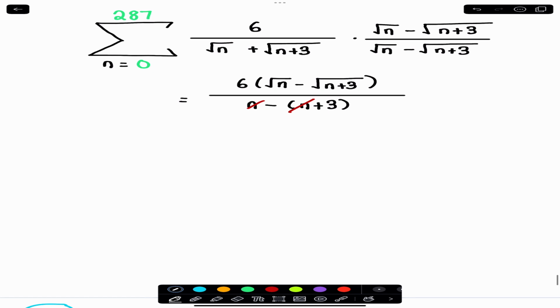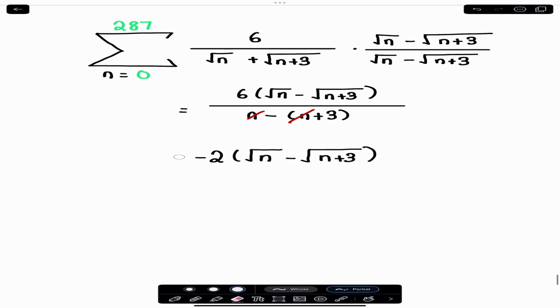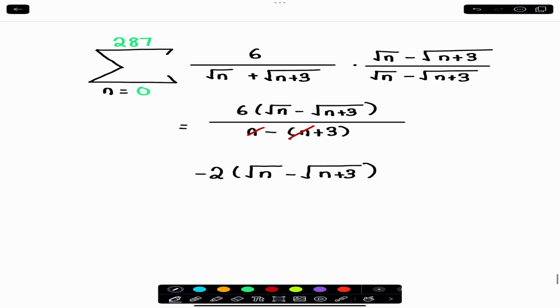And in the end, we have a 6 on top and a minus 3 on the bottom. 6 divided by minus 3 is negative 2. So in the end, we get something like this, that has to be summed from n equals 0 to n equals 287.